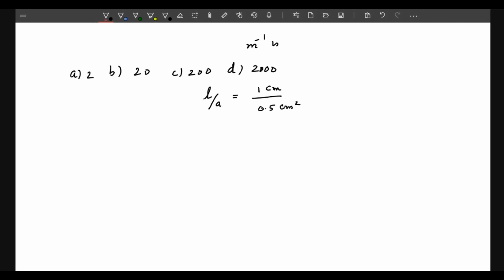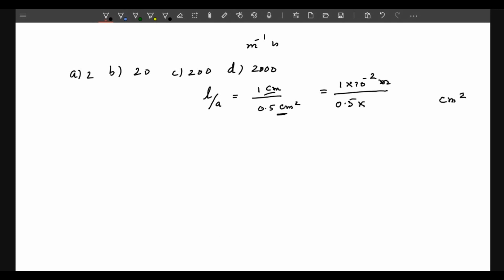If you use this, you will have the unit in per centimeter. But what is asked, you should give the unit in per meter. Here itself, you can easily convert this. In the place of centi, you put 1 into 10 power minus 2, divided by 0.5 into centimeters.